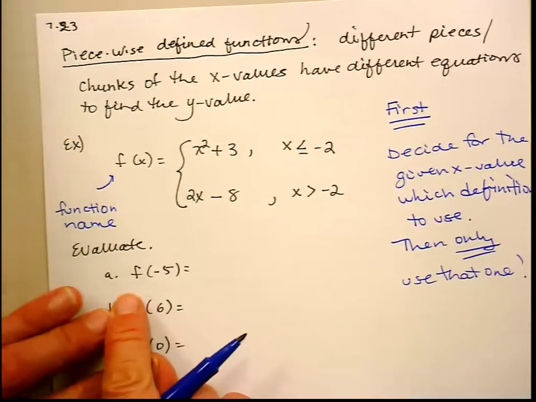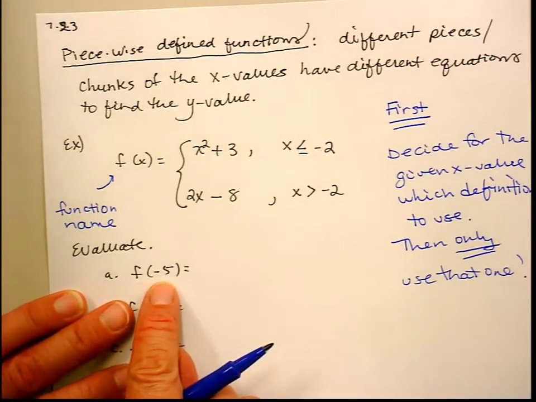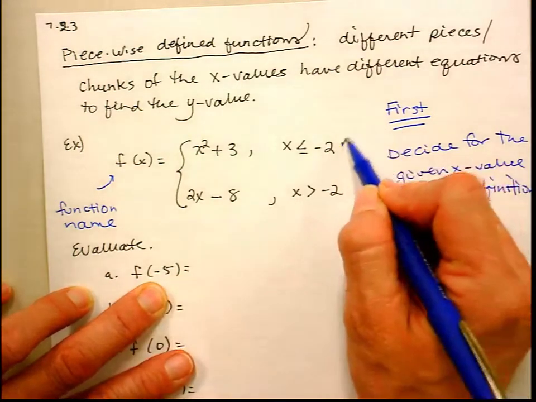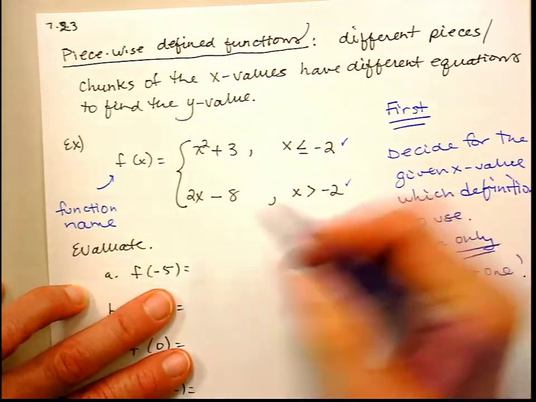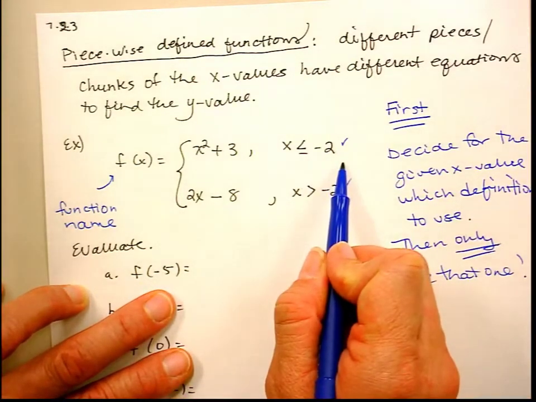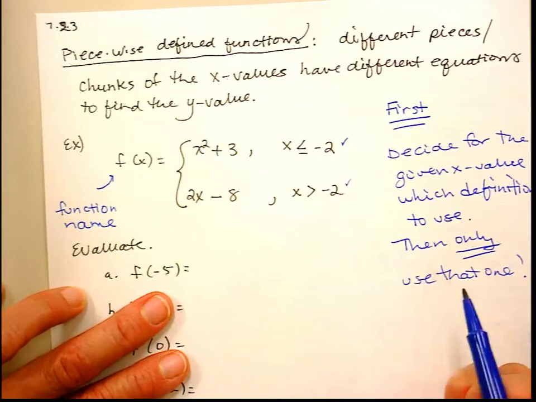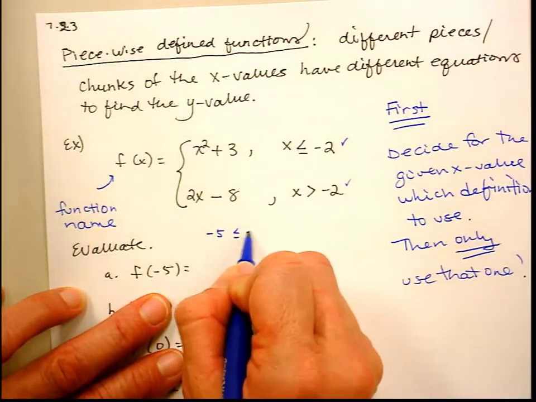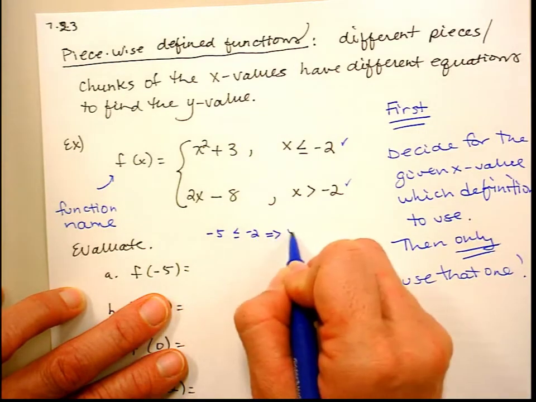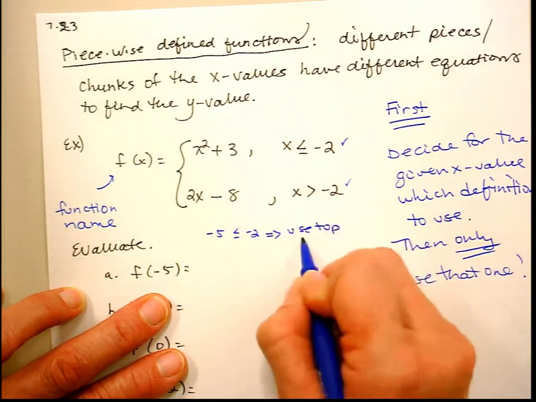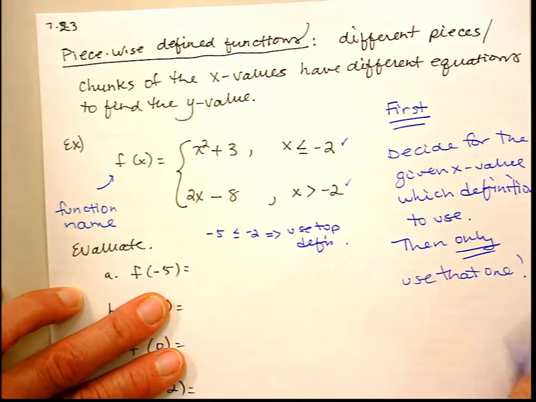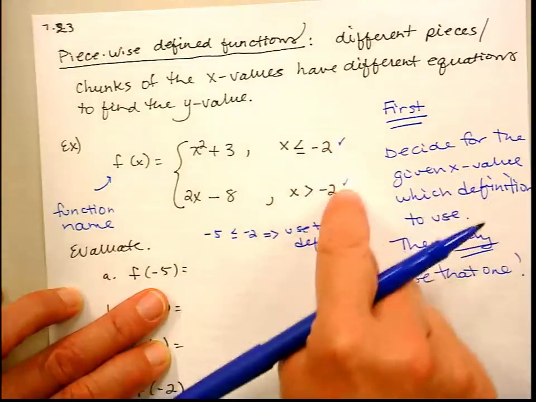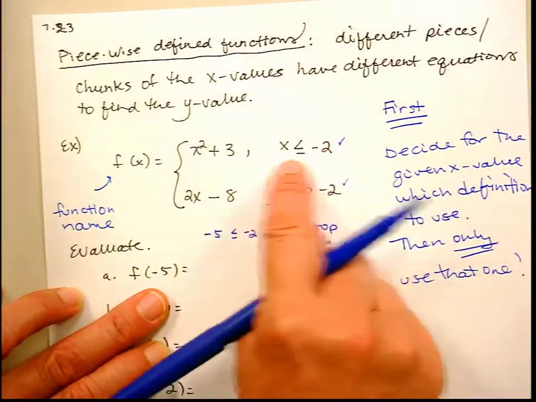So the first one we have is f of -5. We have to decide, does -5 fit this criteria or this criteria? Is -5 less than or equal to -2, or is it greater than -2? Since -5 is less than or equal to -2, we use the top definition, because -5 falls into that top chunk.